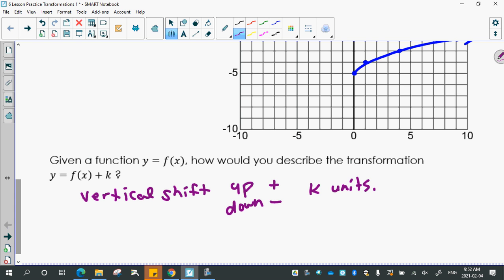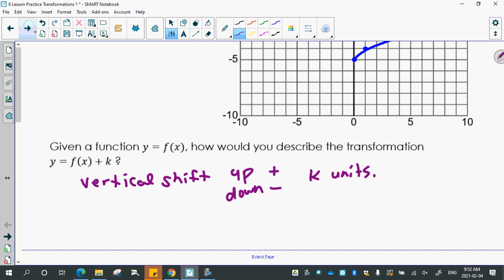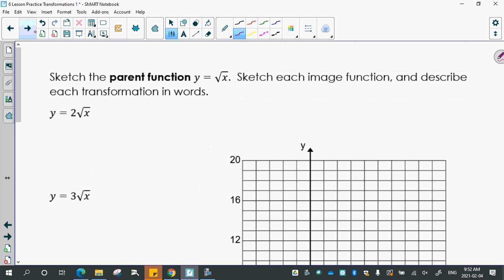Okay. Sketch the parent function y equals square root of x. Same parent function again. And then we're going to sketch each image function and describe the transformation in words. So you guys should all be able to draw the parent. This is y equals square root of x.